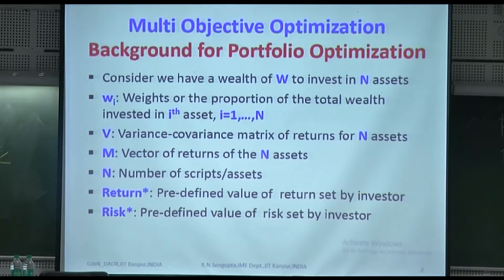You have some fixed return star over which you want your total portfolio return to be, and risk star being some value of risk below which you want the risk for the portfolio to be. Now these M and V, the mean vector and the variance covariance matrix, are obtained from the data. You already have the data, or you assume some data, consider those values and then proceed.